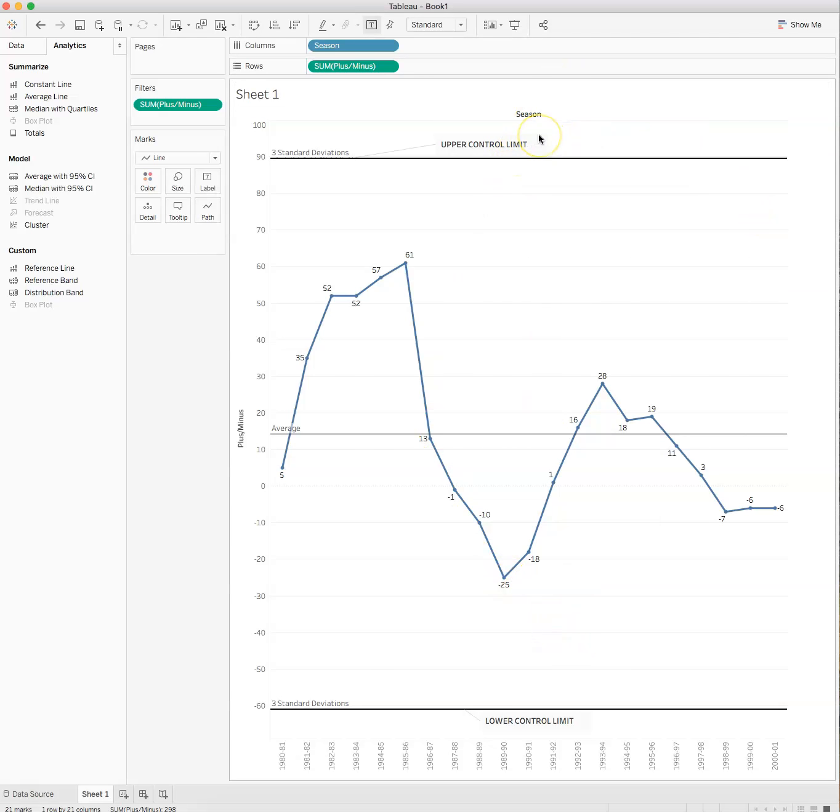We don't have any points above the upper control limit or below the lower control limit. Okay, so that's good. We've got that under control.